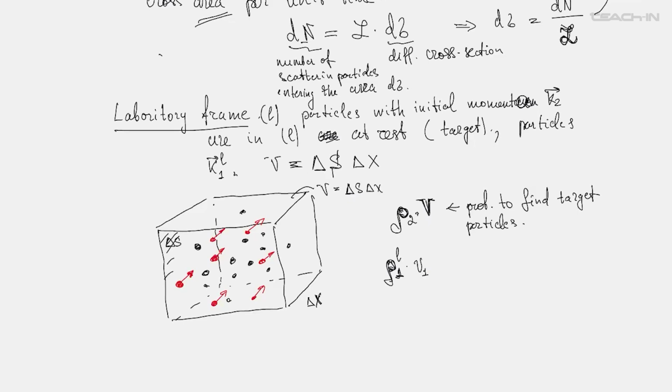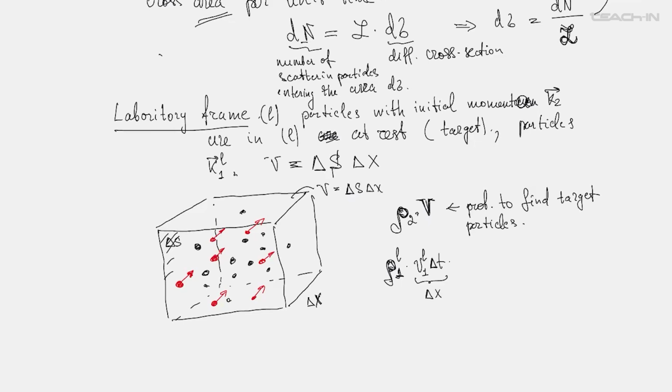This would be the velocity of the particles of the first beam, multiplied by dt. So that makes for you dx, and then multiply by cross area.